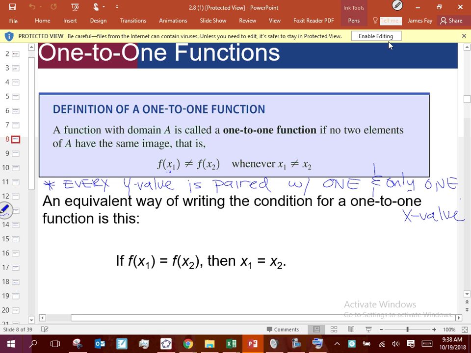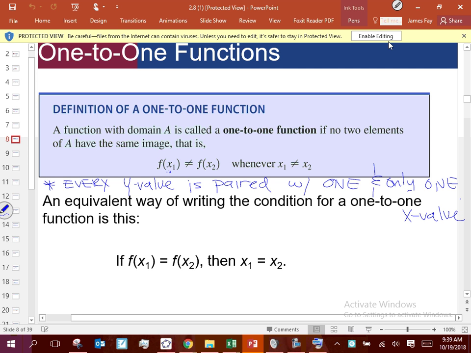Because it's already a function, the definition of a function says every x value is paired with what? One y value, and only one y value, right? So when we talk about functions that are one-to-one, it's twofold. Every x is paired with one and only one y value, and every y value is paired with one and only one x value.